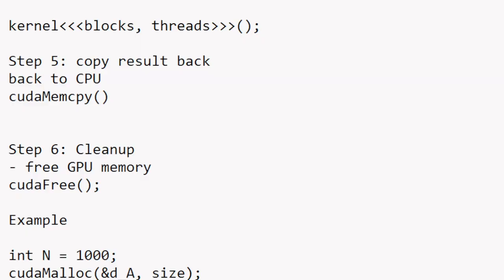Then you call this function, and then you launch the kernel with the device first array, device second array, device third array, and the size. And once it is done, you copy it back.